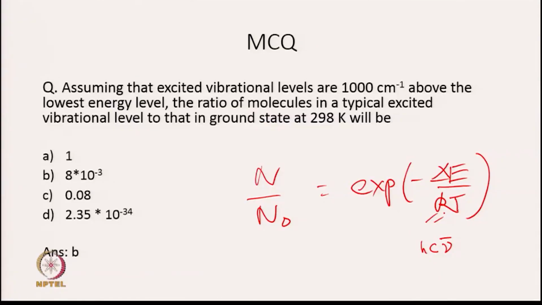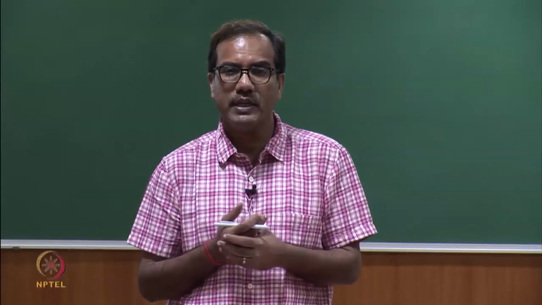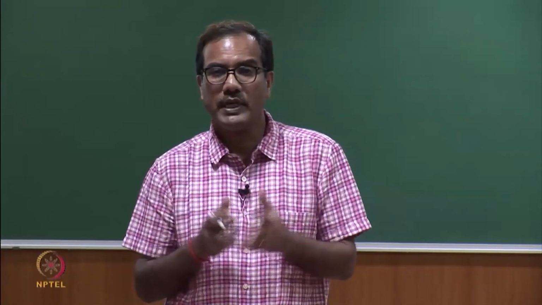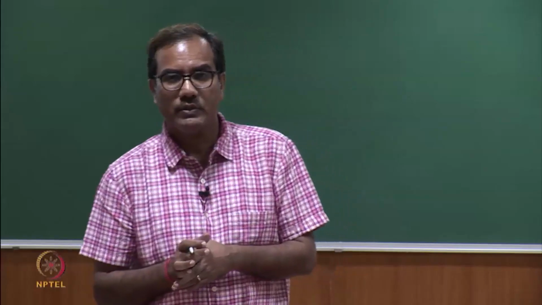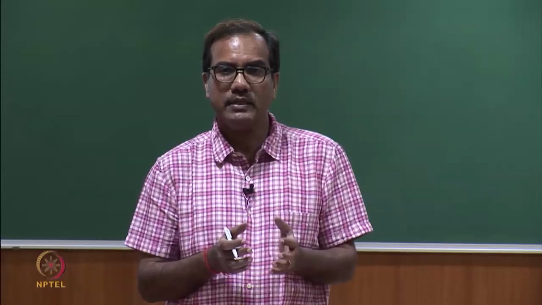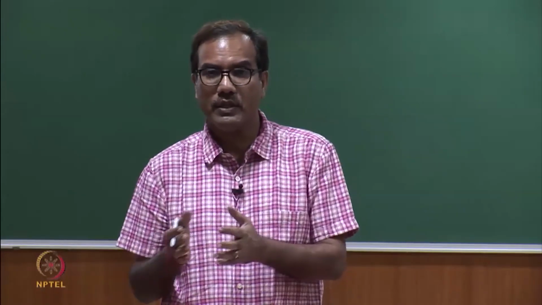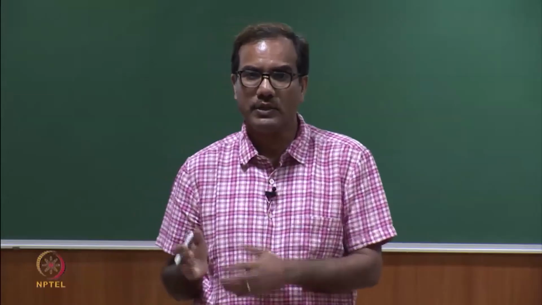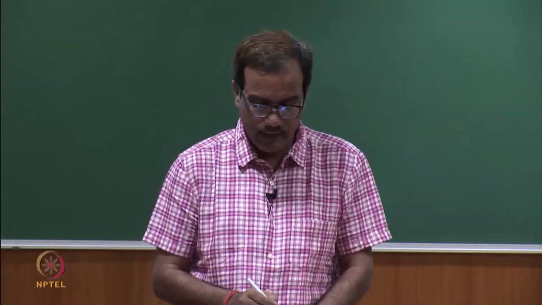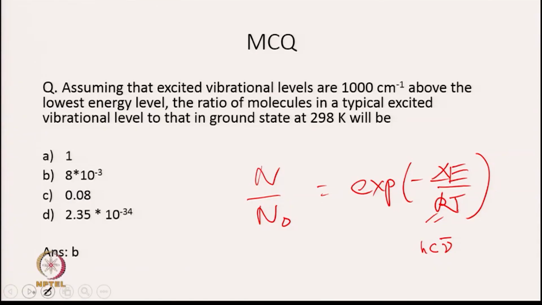If you are going to use the gas constant R in place of the Boltzmann constant, then you must take delta E in joule per mole, otherwise you have to express delta E in joule per molecule, and if you do that, you can get the value, and the answer in this case is B, which is 8 into 10 to the power minus 3.